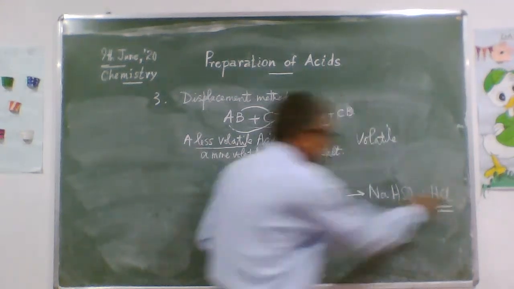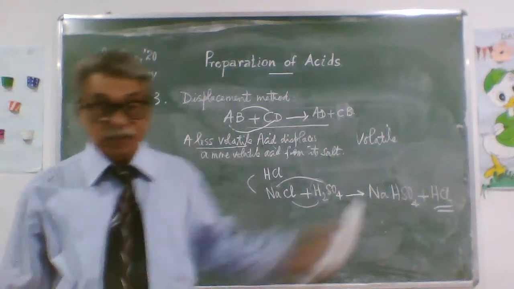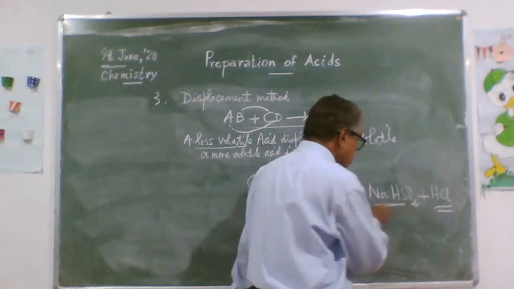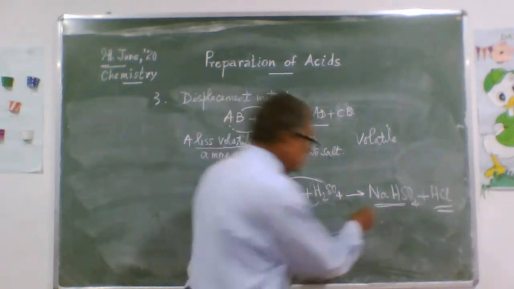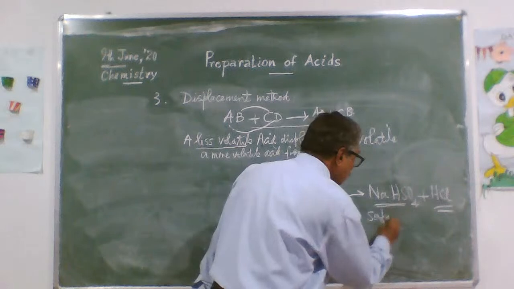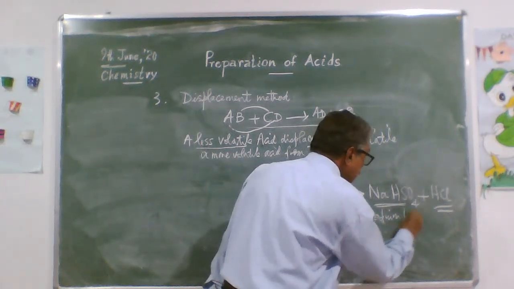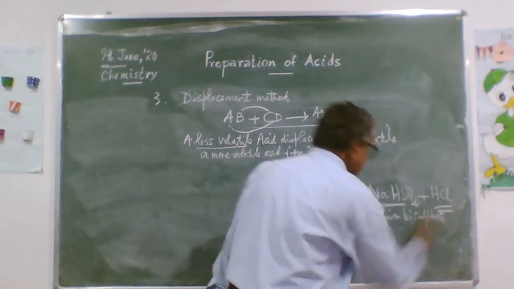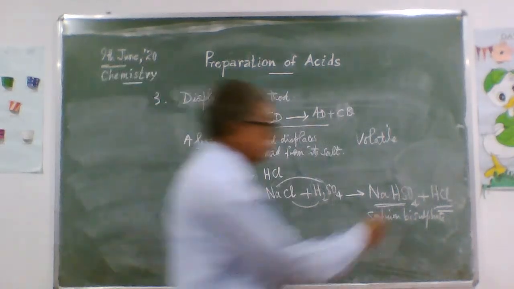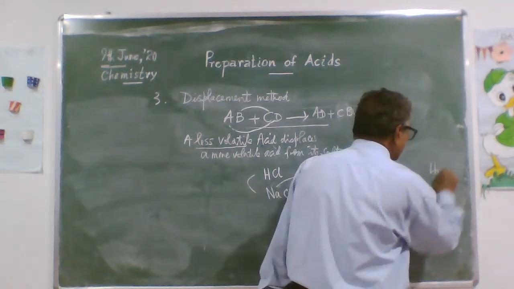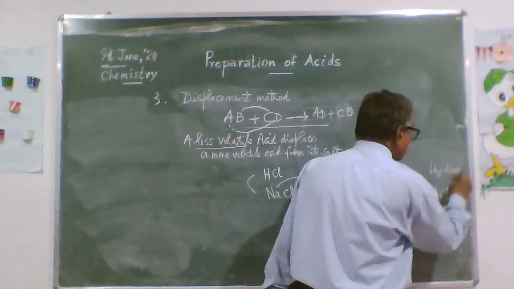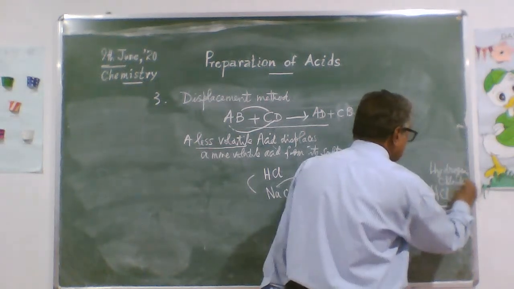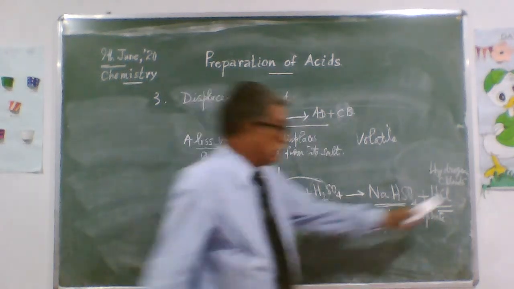Now our interest is HCl. We want an acid. That's HCl. The other compound which is formed is sodium bisulfate. Sodium bisulfate. And this is hydrochloric acid or hydrogen chloride. You know, when hydrogen chloride is dissolved in water, you get hydrochloric acid. Hydrogen chloride is a gas.